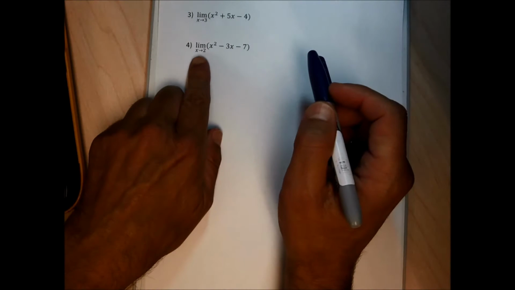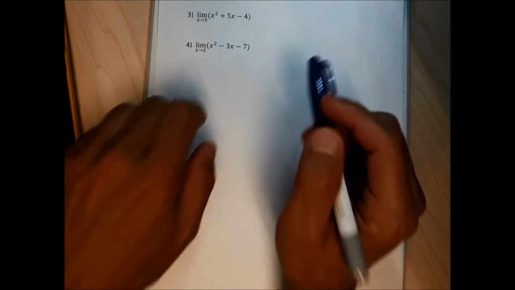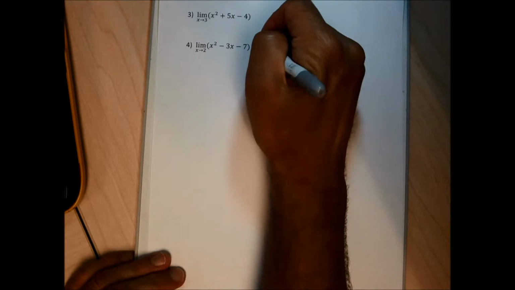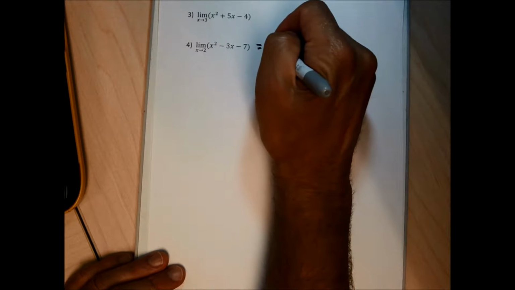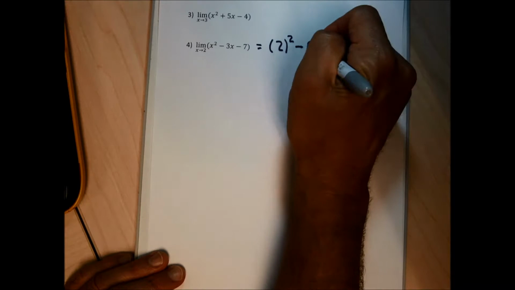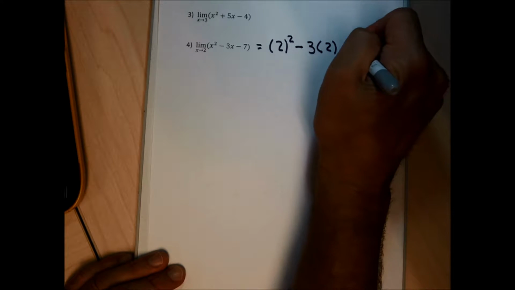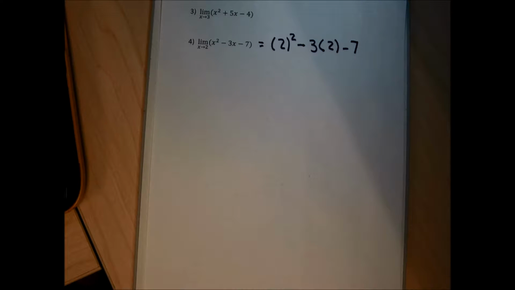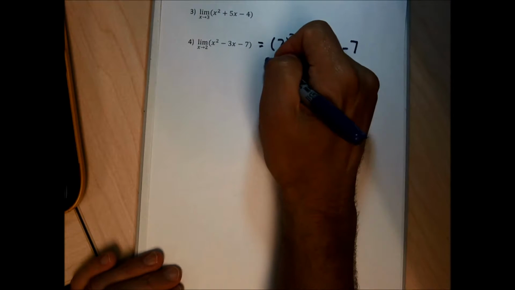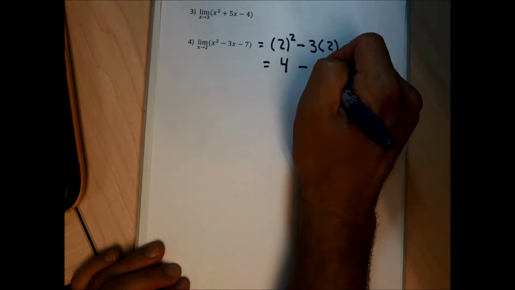So to find the limit as x approaches 2 of the function in problem 4, my first step is always to just attempt to plug in the value that's given for x in for each of the x's. If I get a value that's anything other than undefined, then that's what the limit's going to be. So I plugged in 2 for the x's. Now I'll do the order of operations. 2 squared is 4. 3 times 2 is 6.